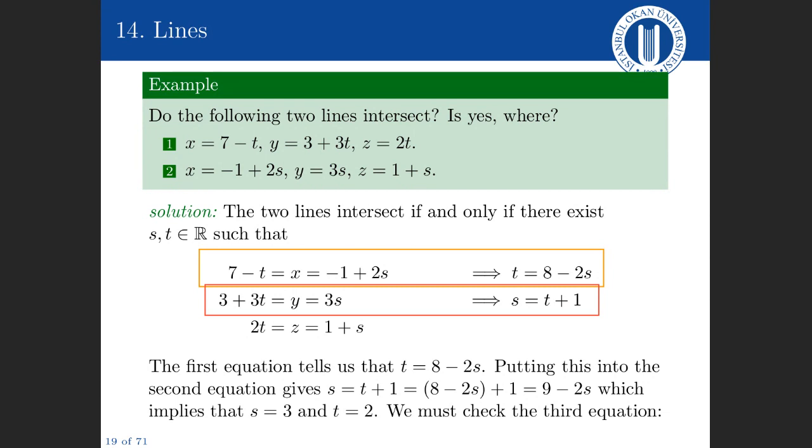If we put the first equation into the second equation, we have 8 minus 2s plus 1, or 9 minus 2s. Take the minus 2s to the left, we get 3s is equal to 9, which means that s is equal to 3, and then we must have t equal to 2.